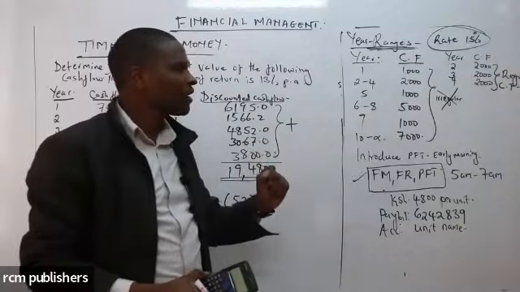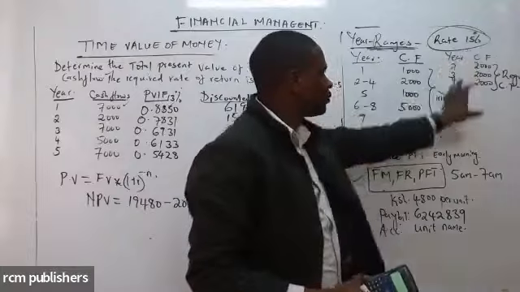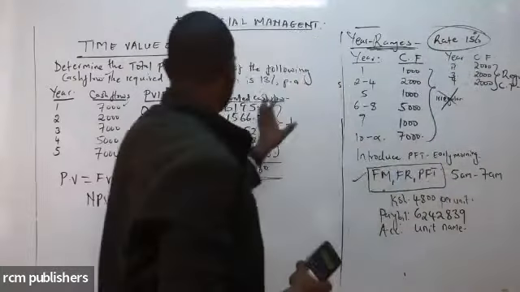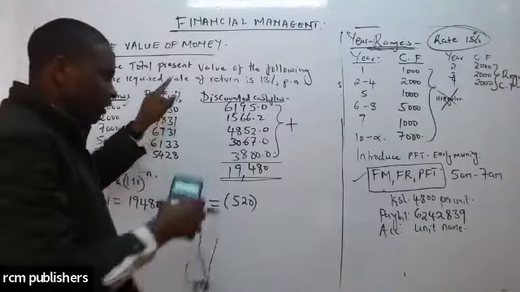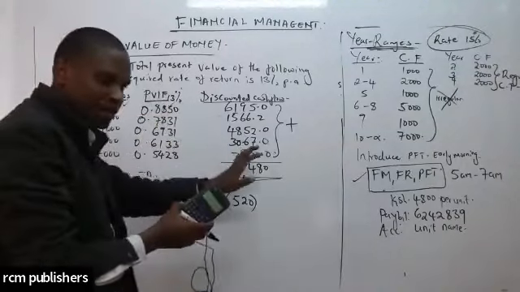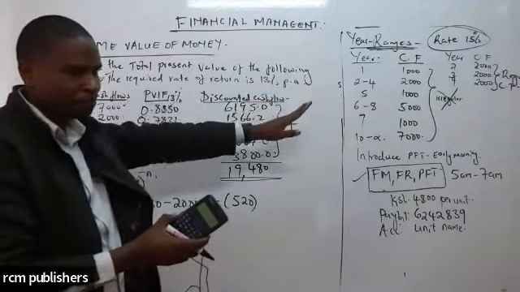At the end of the day, you'll find that once you get either PV or PVFA, you'll be having another column here, like this, with PV in brackets, or PVFA. Of course, the percentage will be 15%.